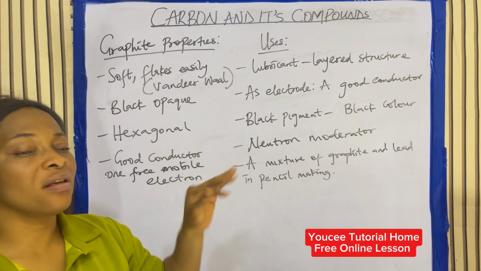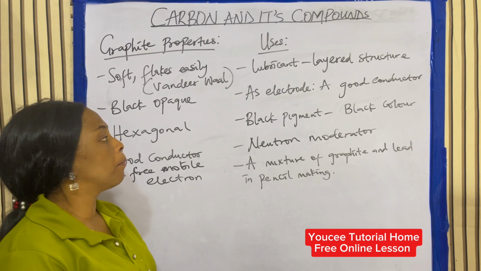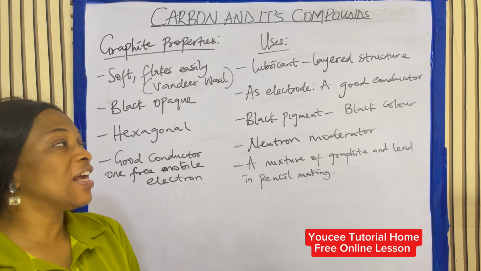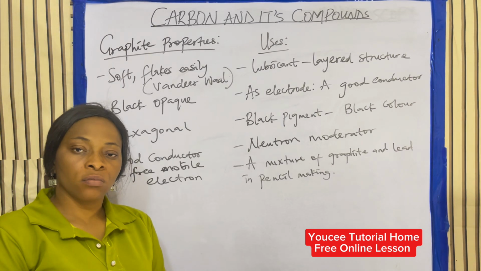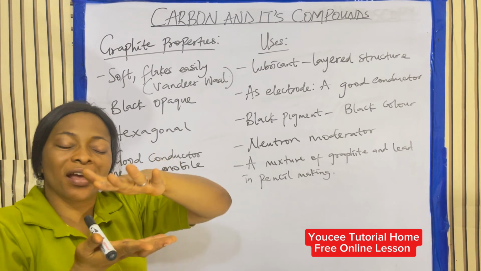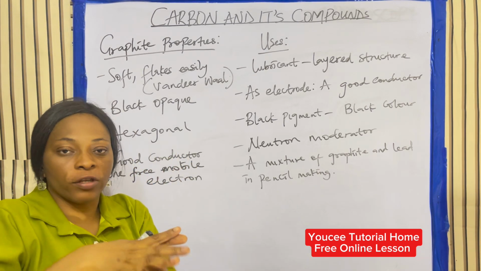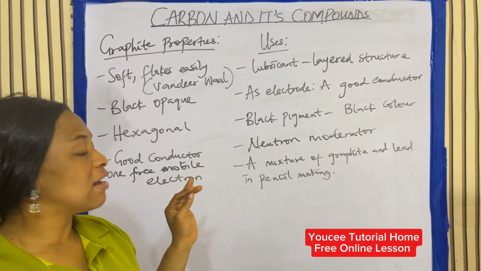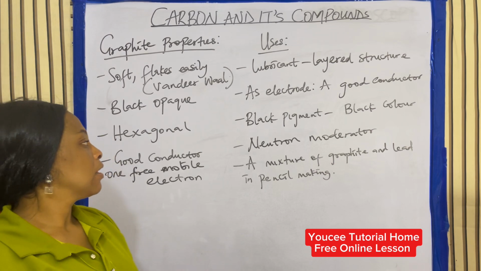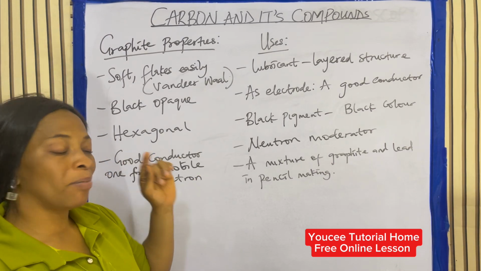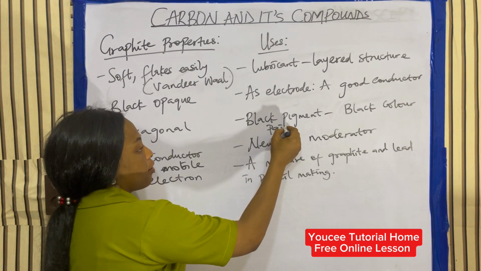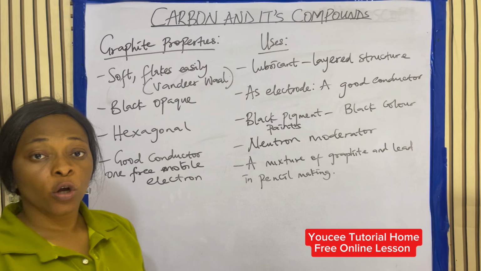Then the uses. Graphite is used, number one, as a lubricant, because of its layered structure, which allows the layers to slide on each other. Then it is used as an electrode because it is a good conductor of electricity. It is used in making black pigments in paints because of its black color.